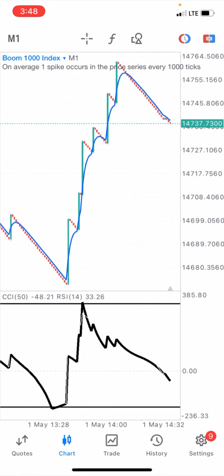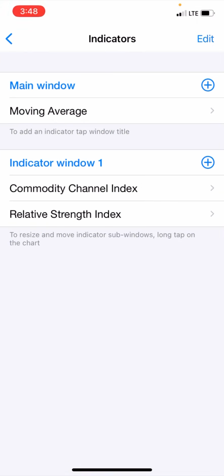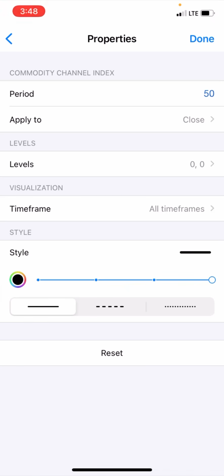The next indicator that we'll be adding is the commodity channel index. You want to add it with the following properties: period 50, apply to close. You don't need any levels, so you just leave it at 0 0. The time frame should be at all time frames.